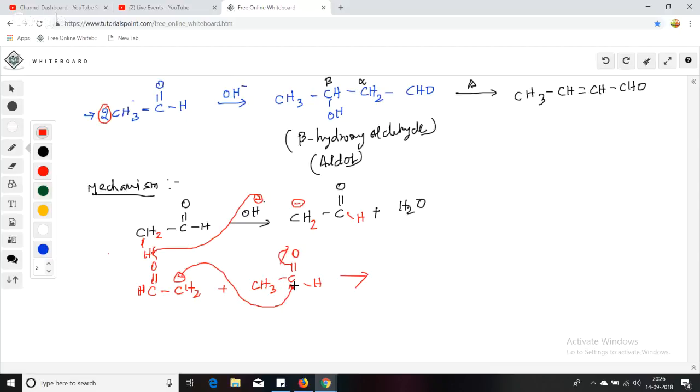So this carbon and this carbon join. So we can write CH2, C, O minus H. Here we have CH3, and here we have CH double bond O.